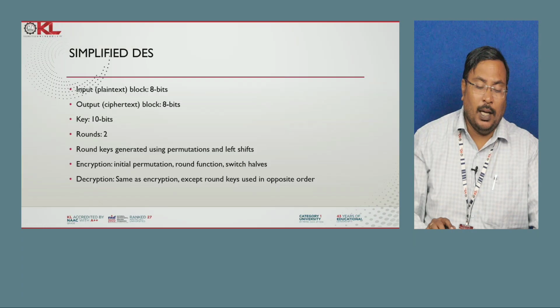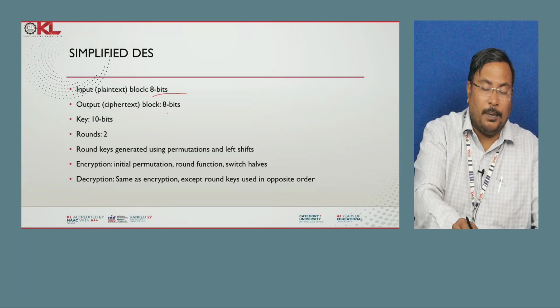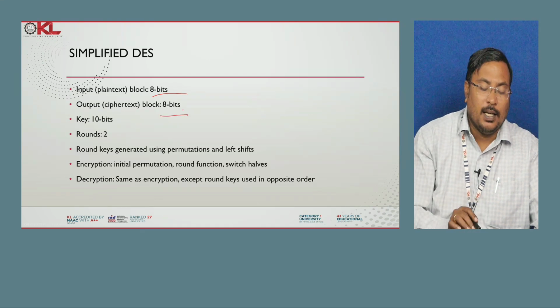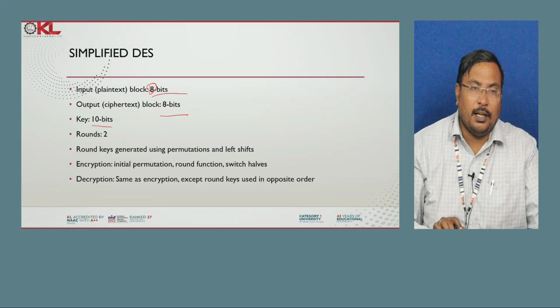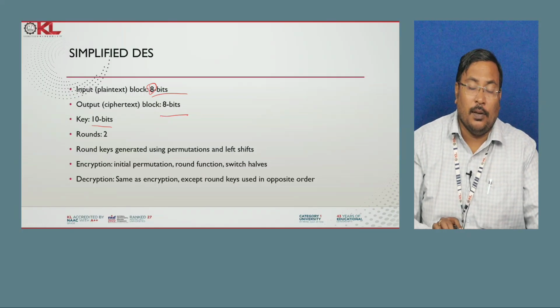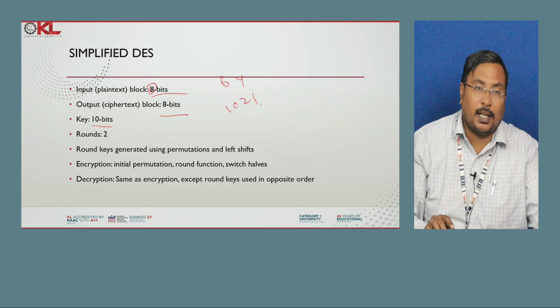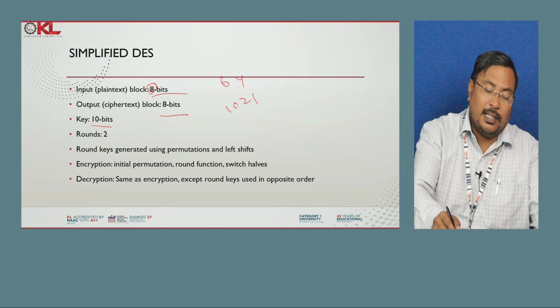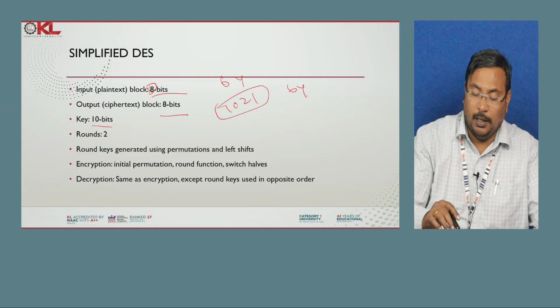So coming to the SDES, the input size is 8 bits, the ciphertext size is also 8 bits, and the key is 10 bits. Even though the plain text is 8 bits, you use a 10-bit key. If the plain text is 64 bits, you need to use a 1021-bit key. All these keys are generated by using a key generation algorithm.